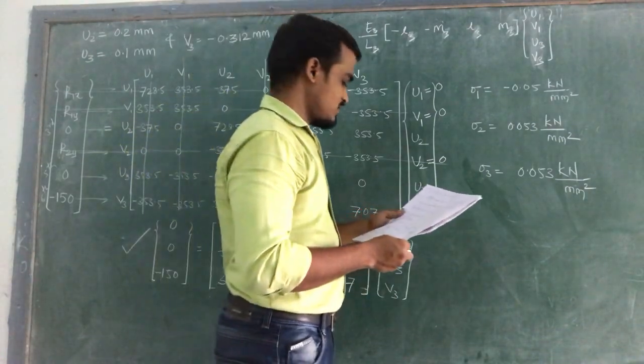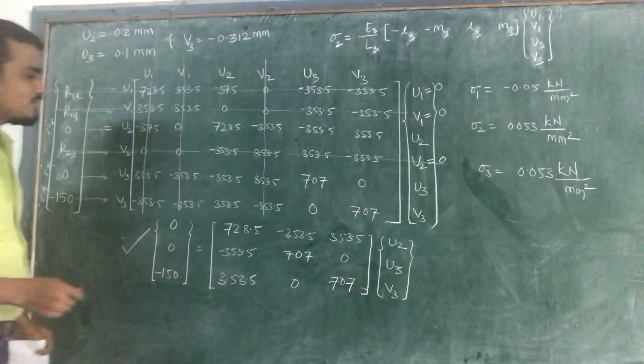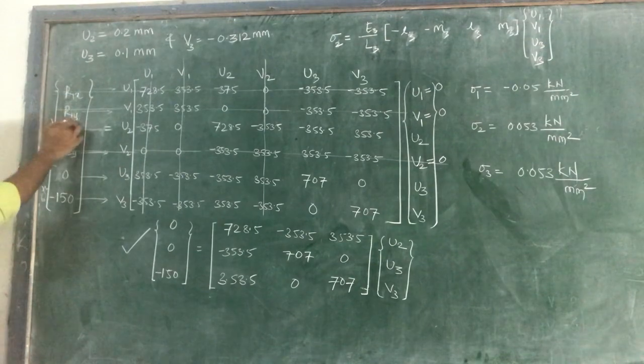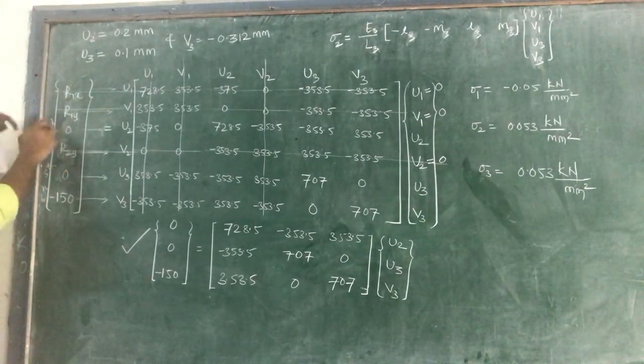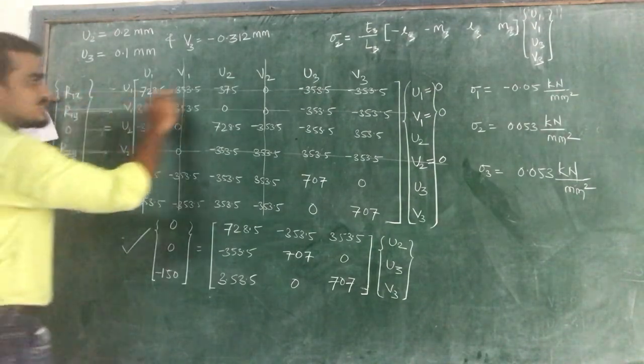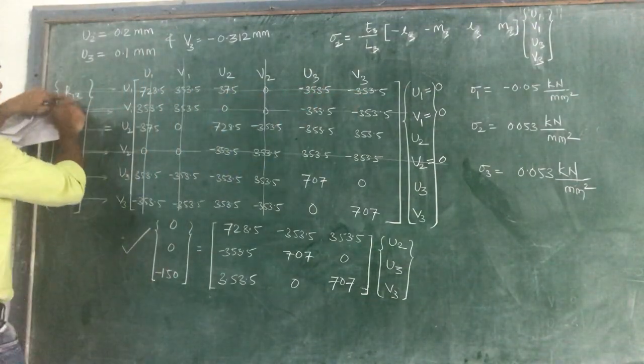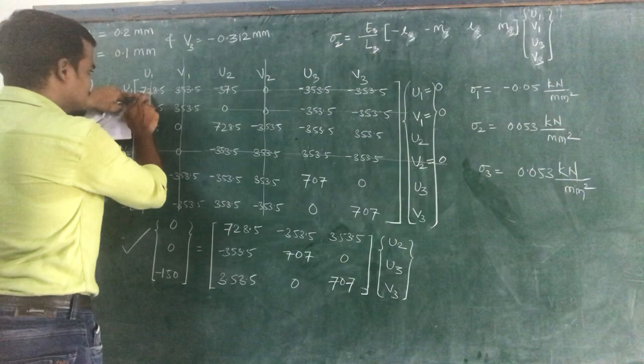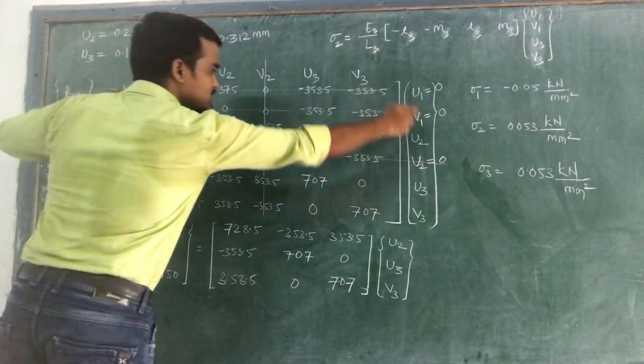So now next is what? Reactions. We need to find out these reactions: R1x, R1y and R2y. To find out R1x, we need to solve this first equation. R1x is nothing but this row into this column.